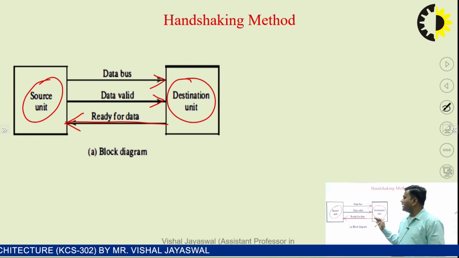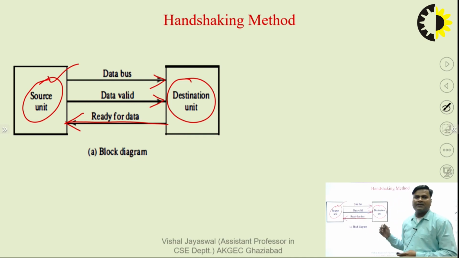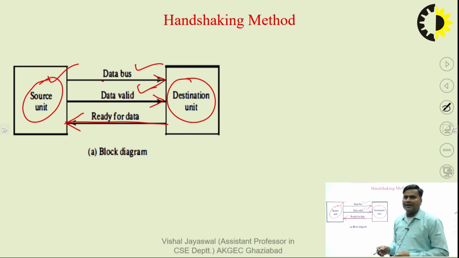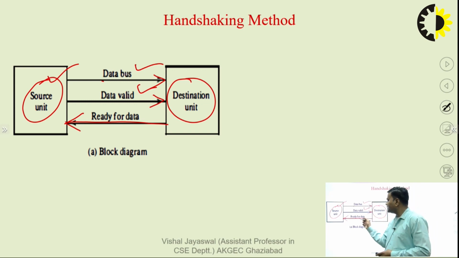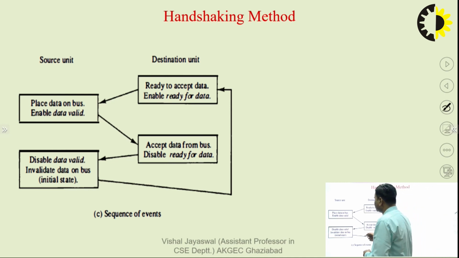When the source sees that the ready for data line is enabled by the destination, then the source places the data on the data bus, and after that it enables the data valid line. This is the concept of the destination initiated case, because here the ready for data line is activated by the destination. This is the sequence of events in the handshaking method.